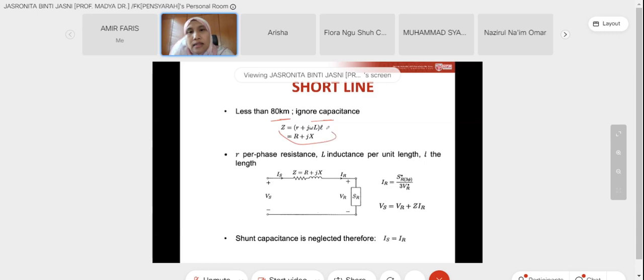and the admittance. R is the per phase resistance, L is the inductance per unit length, and L the length. So this is the line. Shunt capacitance is neglected, so we consider IS equals to IR. What is IS? What is IR?